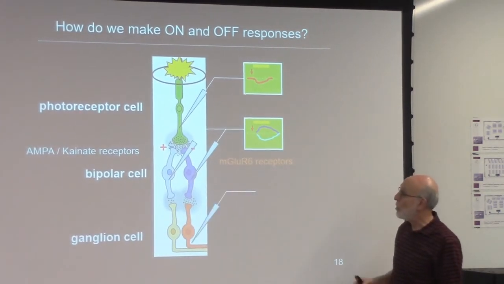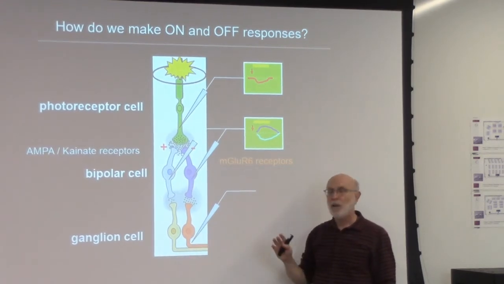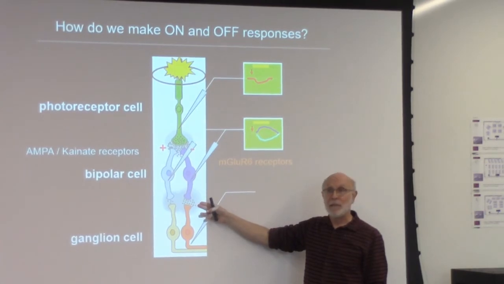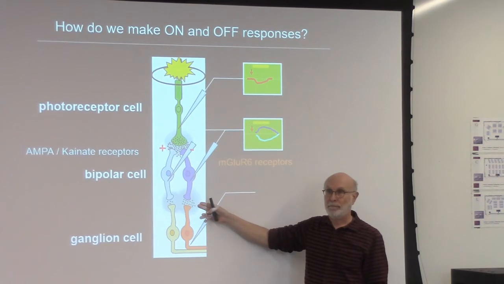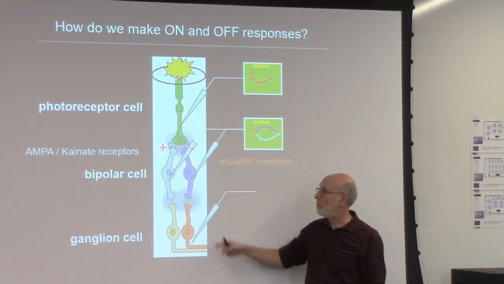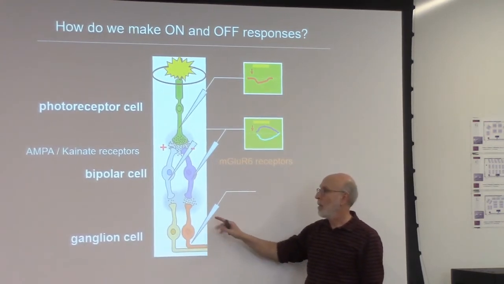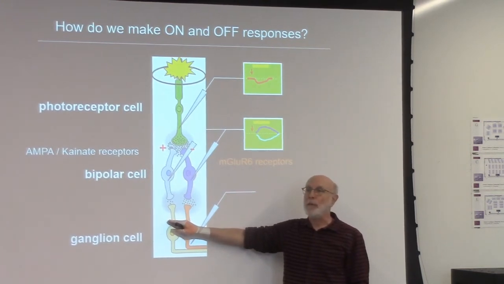So now let's record from this ganglion cell. Oh, I need to tell you, the neurotransmitter at this synapse is glutamate again. These cells express ionotropic glutamate receptors.